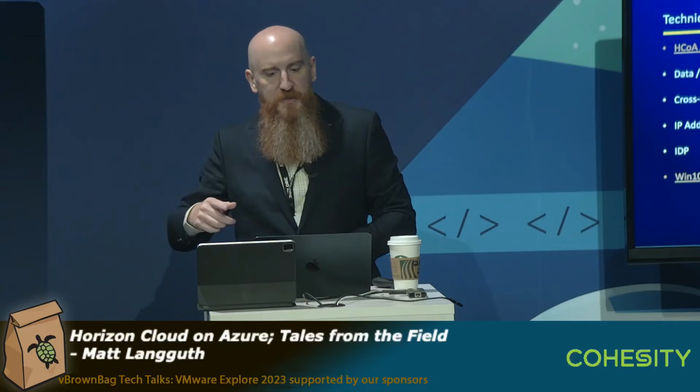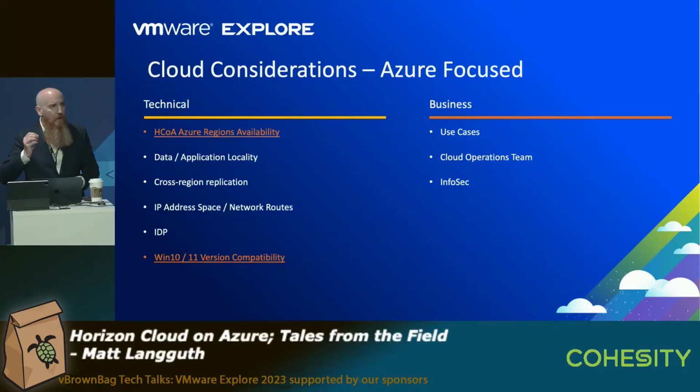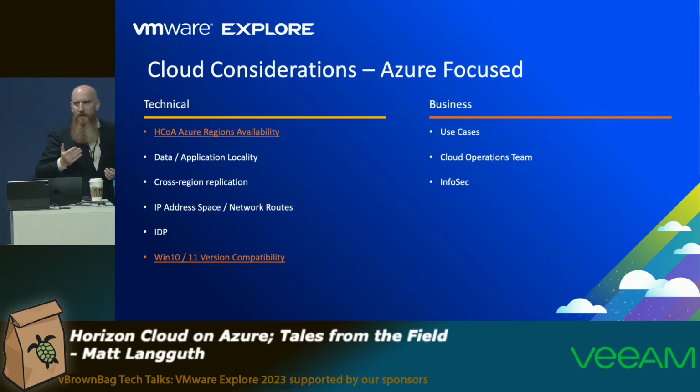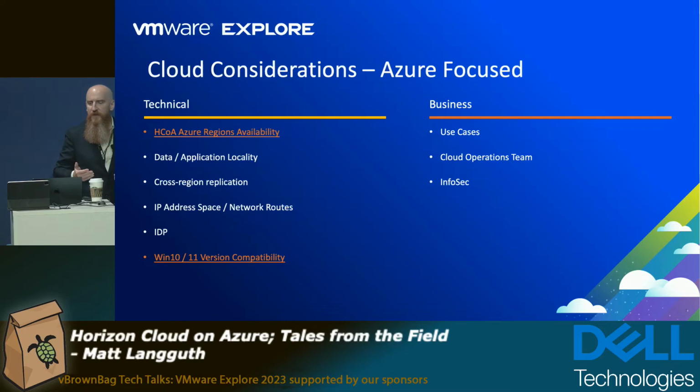And then quickly switching over to the business side, this is a great time to bring in your cloud operations team, okay? And what do I mean by that? Well, sometimes traditional Horizon operators, this is their first big project where they've worked with your organization's cloud operations team, right? They may have done some Luna deployments, but this could be the first real engagement, so to say.